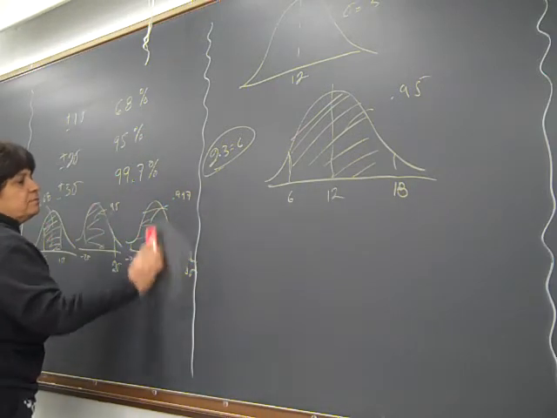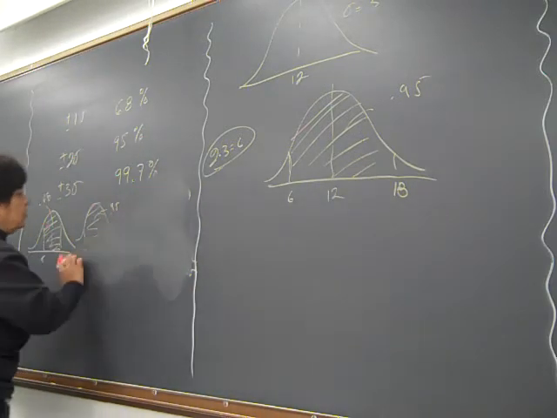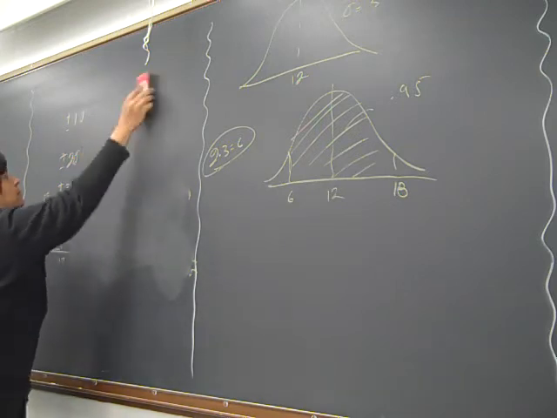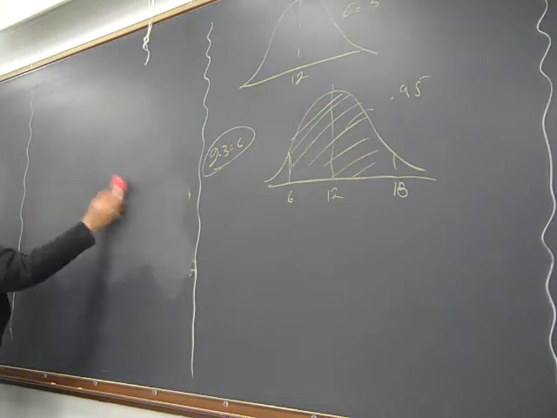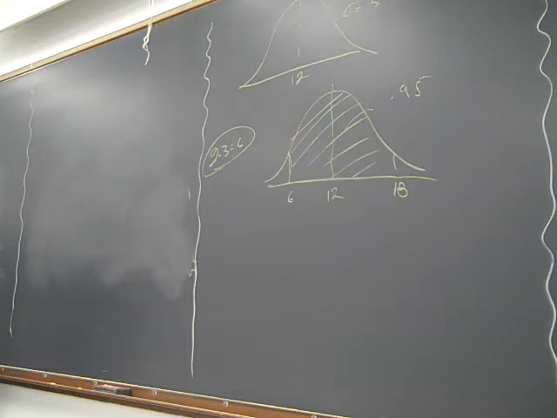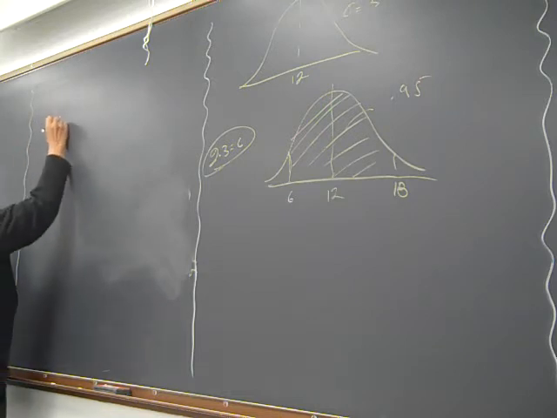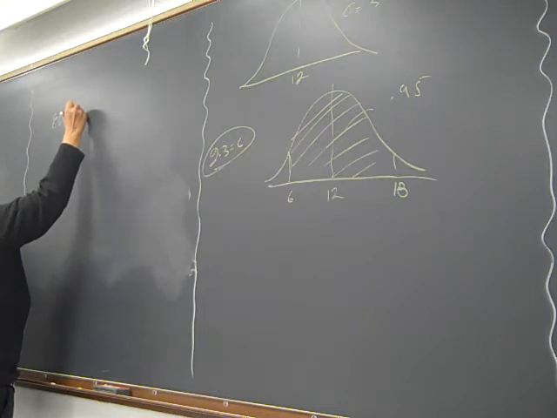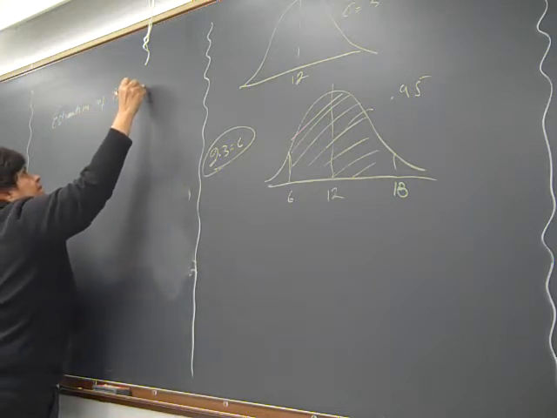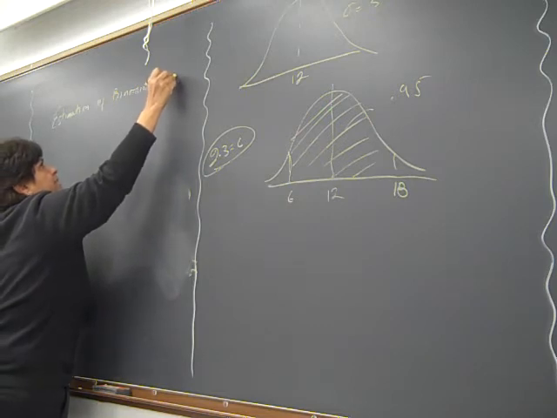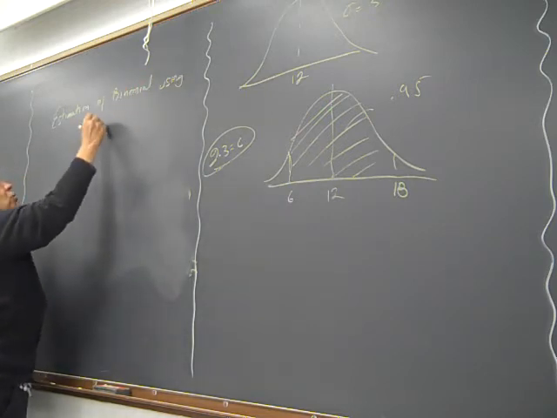Another thing that the book tells you in the normal distribution is how to estimate the binomial distribution using what? The normal distribution. So the estimation of a binomial using the normal distribution.